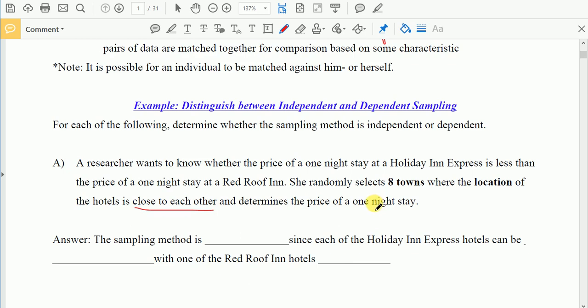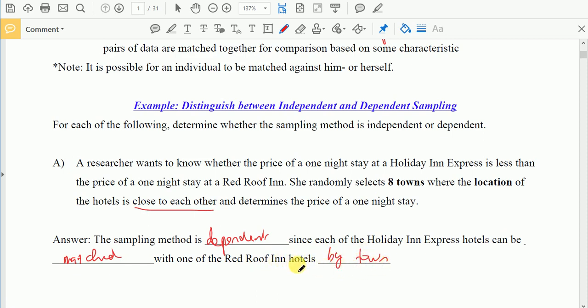So is it dependent or independent? This sampling method is actually dependent, since each of the Holiday Inn Express hotels can be matched with one of the Red Roof Inn hotels by town.